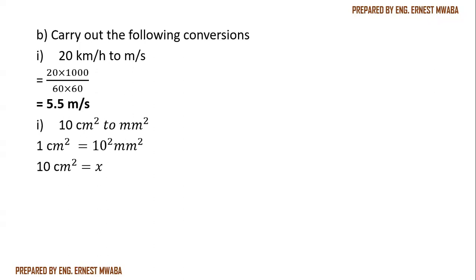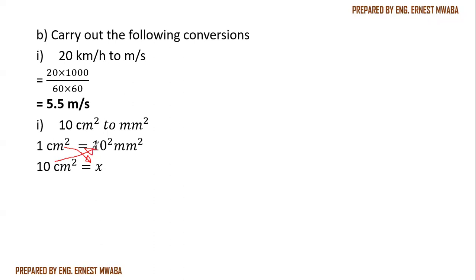After this, we're just going to cross multiply. When you do the cross multiplication, we're simply saying that this 1 multiplied by x, then this 10 multiplied by 10 squared.